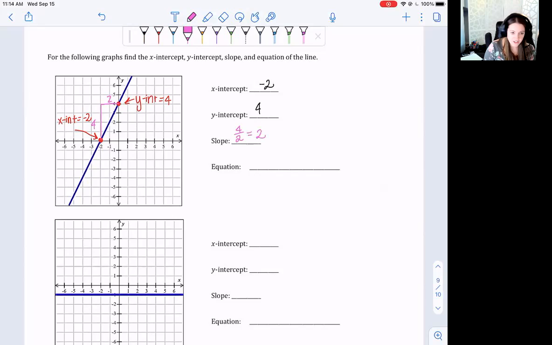If we simplify that fraction, the slope is 2. And remember that slope-intercept form is y equals mx plus b, where m is the slope and b is the y-intercept.